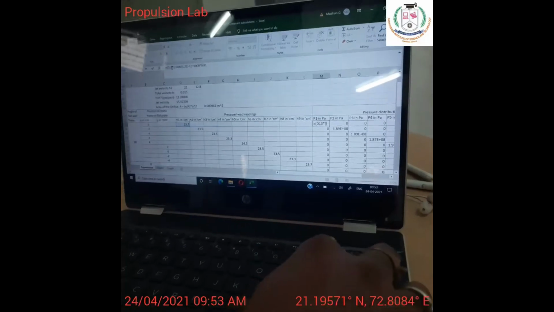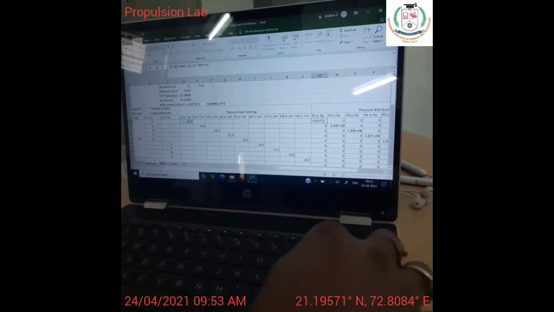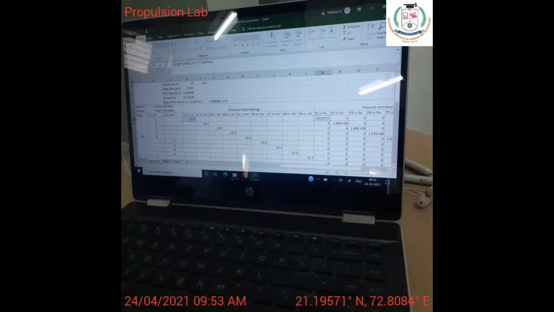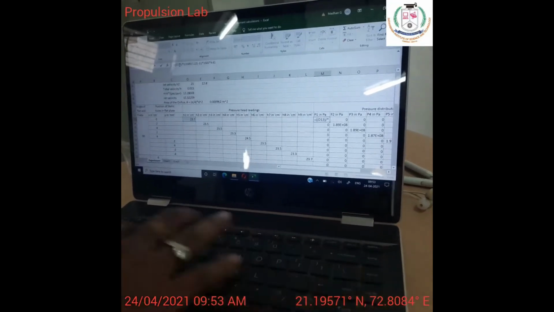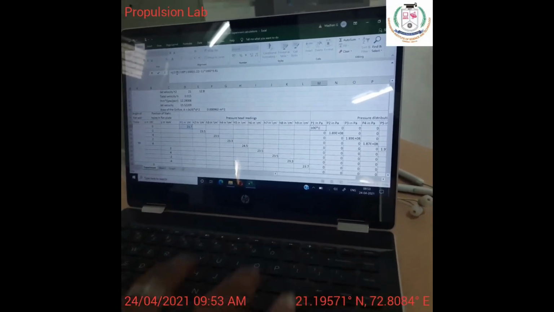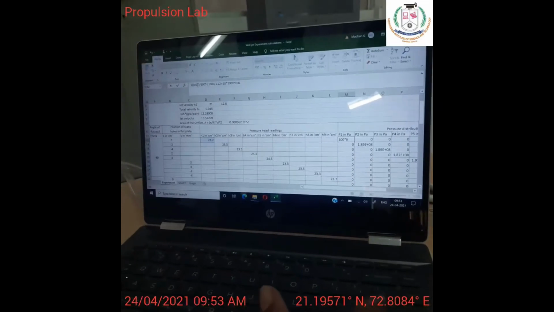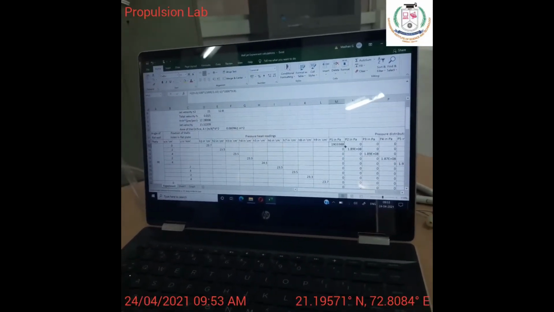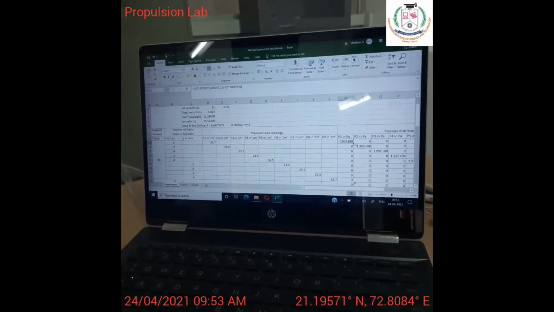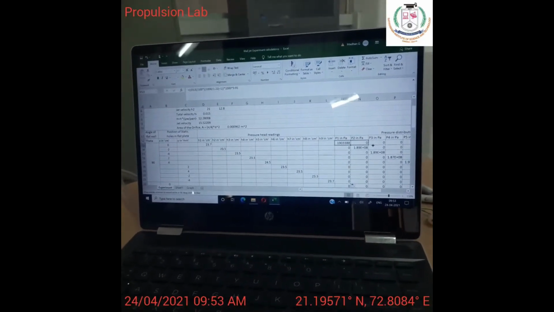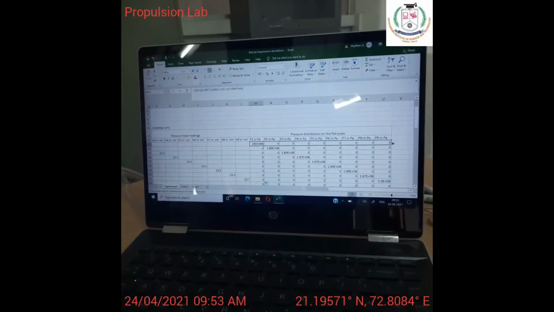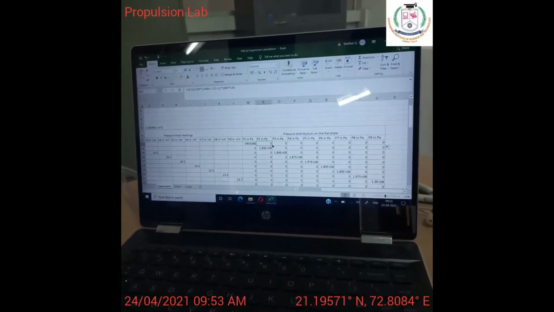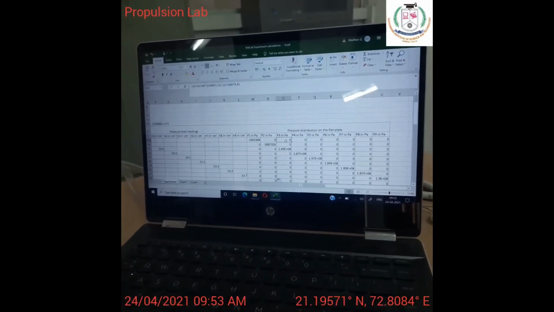So I have to divide this by 100. When I divide by 100, I will be getting the value like this, and I can also drag it to calculate the other readings.